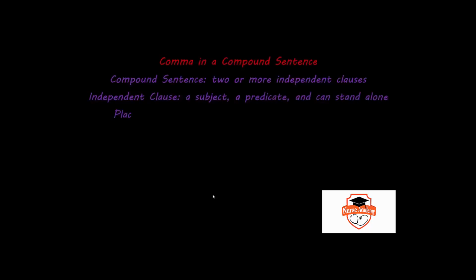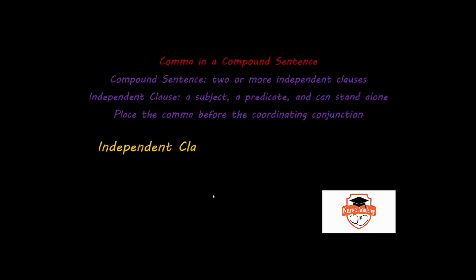So when we place the comma in a compound sentence, you want to place the comma before the coordinating conjunction. What does this look like? First of all, you have the independent clause, then you have your comma, your coordinating conjunction, then you have the next independent clause.